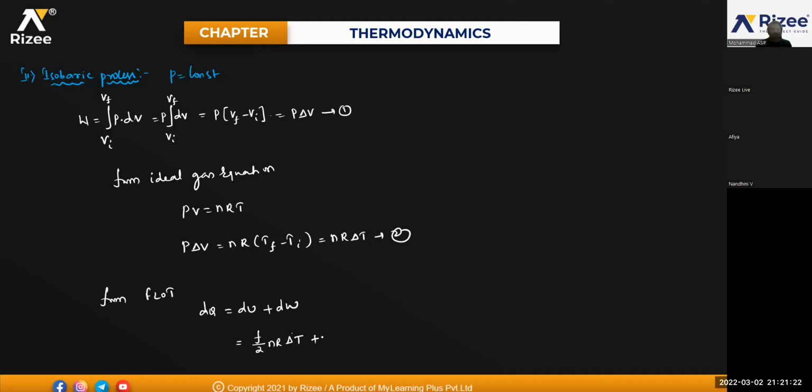P into delta V. Clear? P into delta V can be written as nR into delta T. So dQ is equal to F by 2 nR into delta T plus P into delta V.